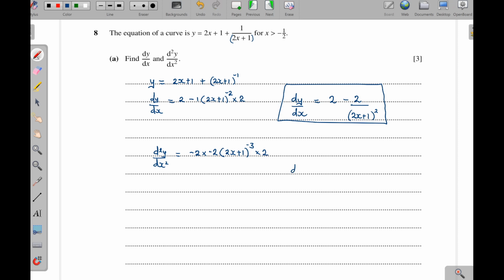So my second derivative is going to be a positive 4 times 2, that is 8. So we have 8, then take this one down using rules of indices, so we shall get (2x plus 1) to the power of 3, and that is that.